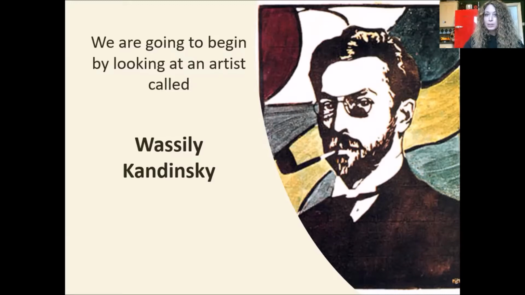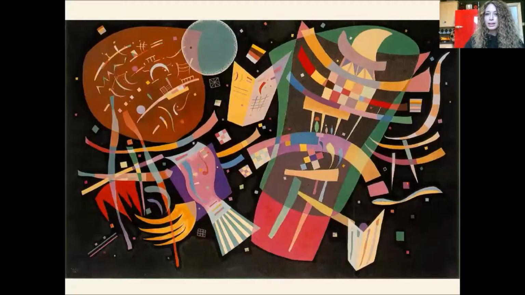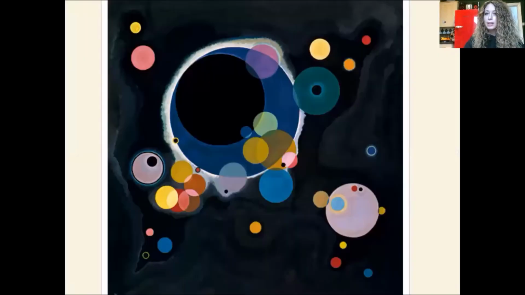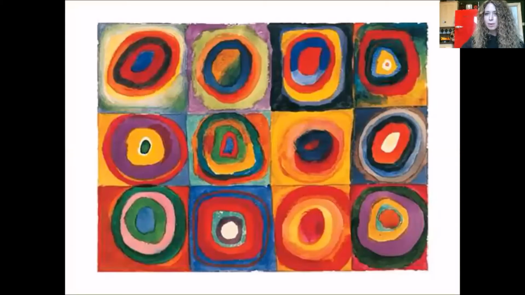Okay, so now we're just going to remind ourselves of our artist, Wassily Kandinsky. I'm sure you can remember some of his amazing paintings, but we're going to have another look. So let's see. I'm just going to let the PowerPoint roll through, and hopefully you can just remind yourself of those bright colours, those different shapes, the movement in his pictures that reminds us of music.